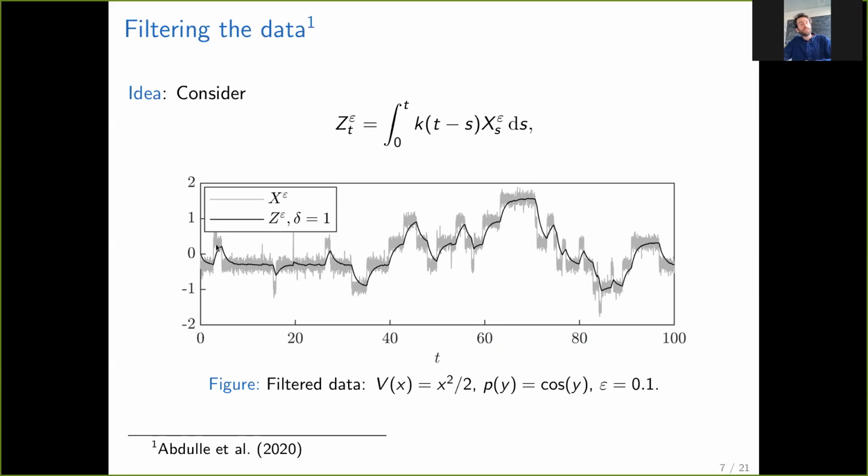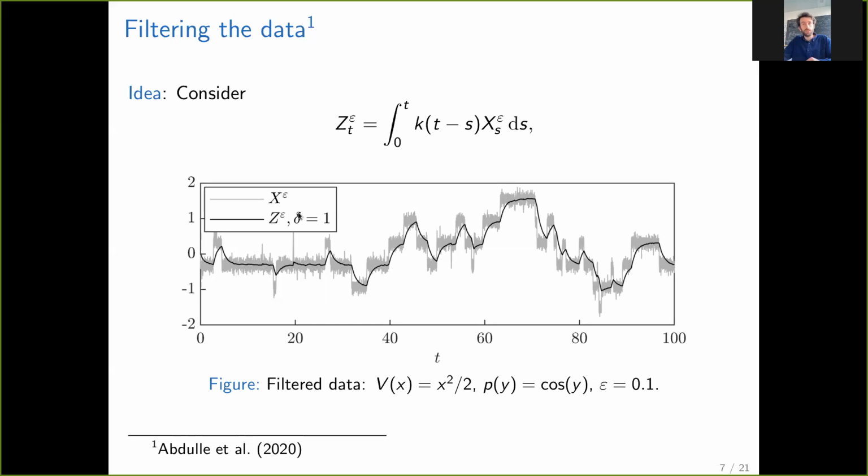And we have this black line, which is the filtered process, Z_t epsilon. We can see that delta serves as a filtering width, and the bigger you choose delta, the smoother is Z epsilon. The smaller you choose delta, the more similar to X, let's say, is Z epsilon.